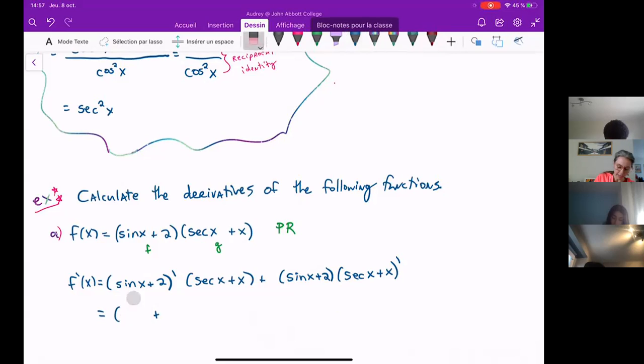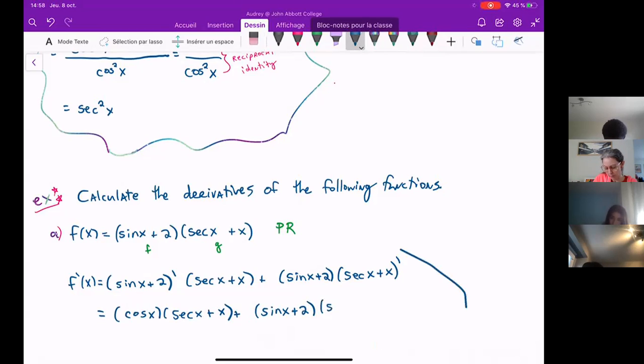So the derivative of sine X plus 2 is just cosine X. And then we have plus sine X plus 2. And if we remember our whispering to ourselves, the derivative of secant is secant tangent. So this is secant X tangent X plus 1. And that's my final answer.